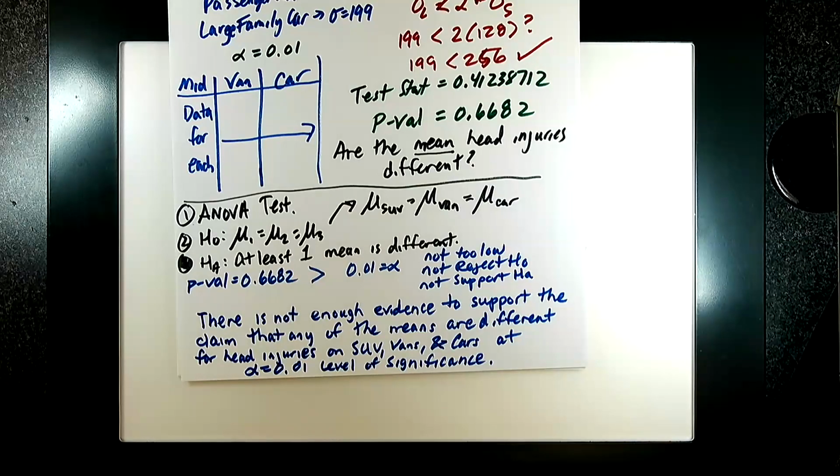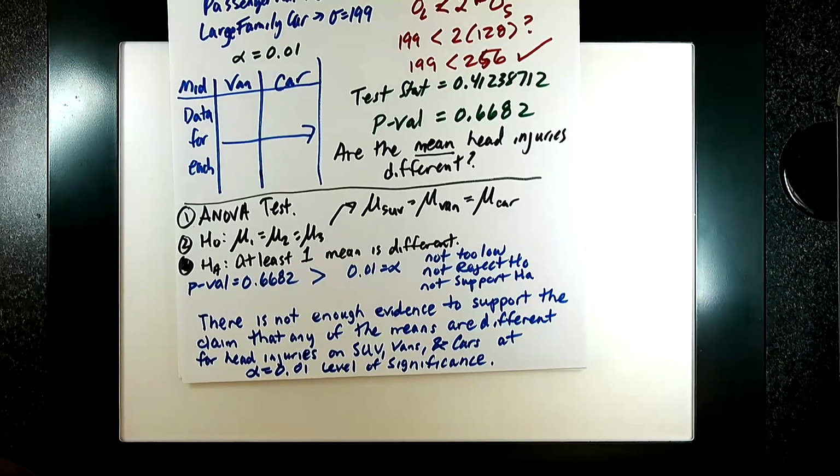Like if the H naught is the mean is 10 and you have a mean of 13, that's a 3 difference. When the mean was originally 10, a 3 difference seems pretty big. But it may not be so big that if we took a different sample, we wouldn't get the 10. That's the idea of these hypothesis tests. If I did this again, how many samples am I going to do where that 10 is a reasonable value, or the H naught is a reasonable value? And so we're trying to see if H naught is not a reasonable value, which means really far out there.